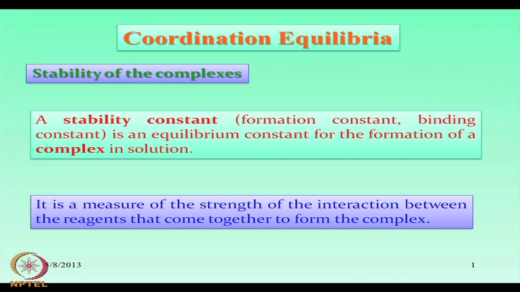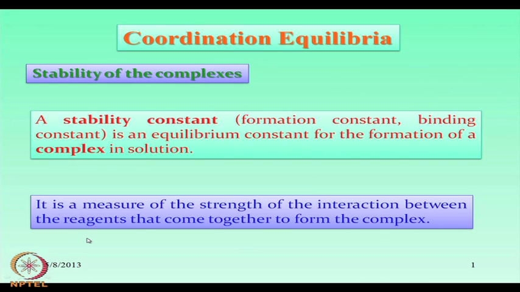It also gives us some idea about the measurement of the strength of interaction between the reagents that come together to form the complex. So, when the reagents are metal and ligand, we will be talking about the corresponding formation of the metal complex. It can be some other non-covalent interaction, or some supramolecular interactions at the same time.